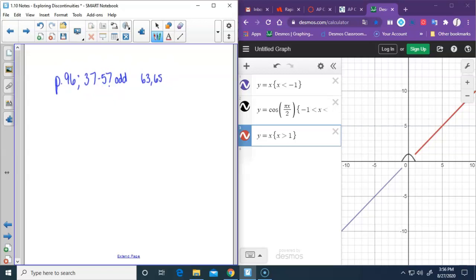So I was sort of fussing at some of you for not showing much work on some of those. These problems, especially some of the very first ones, are not going to be ones that require a lot of work. So 37 through 57, you're not going to have a lot of work for. 63 and 65 are going to require a little bit more work, so show a little bit of work on those. If you have any questions, let me know.